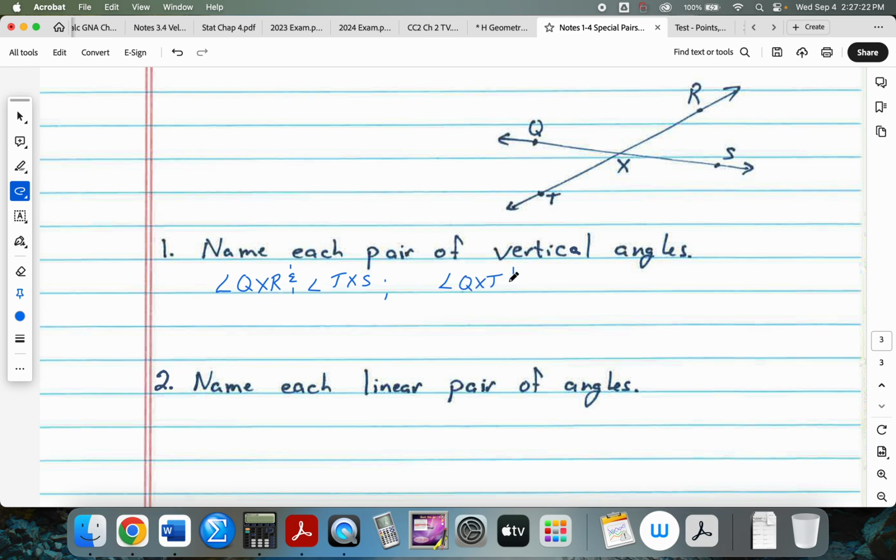QXT and RXS, perfect. Those are vertical angles.